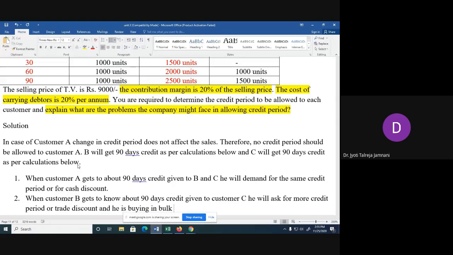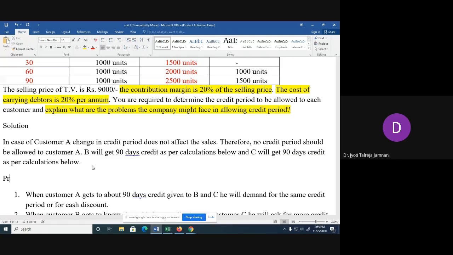So these are the two problems that the company will encounter. So this question, explain what are the problems the company might face in allowing credit period. The answer to that I have given here, problems faced by company in allowing credit period.